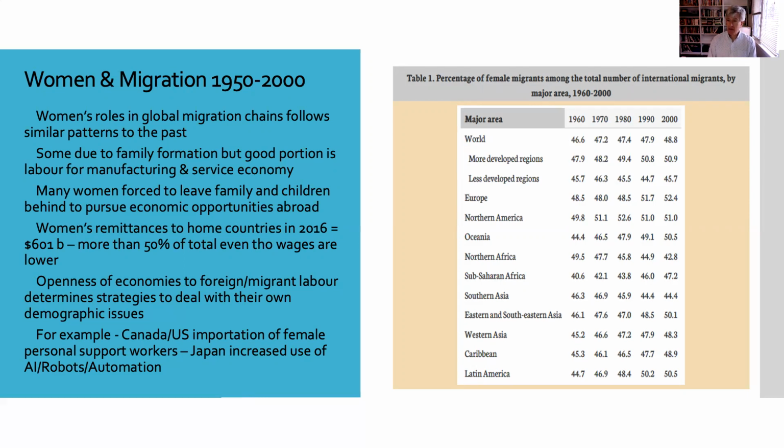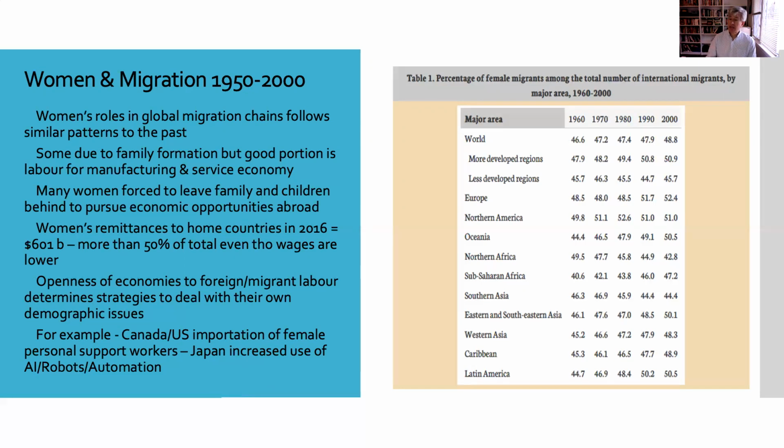It represents more than 50% of all remittances of global transfers currently going on in the global economy. And this is despite the fact that in many of those industries, women's wages and working conditions are significantly lower. So this does have gendered impacts and implications.